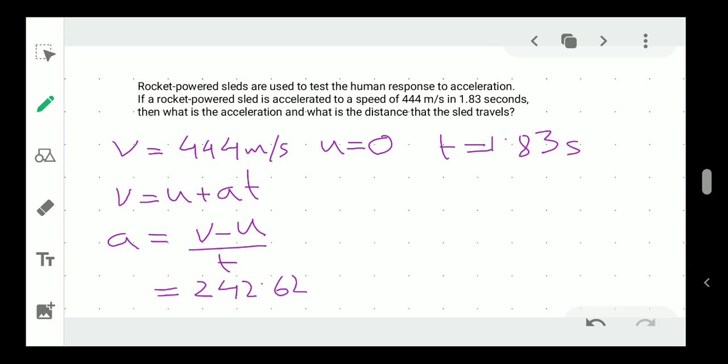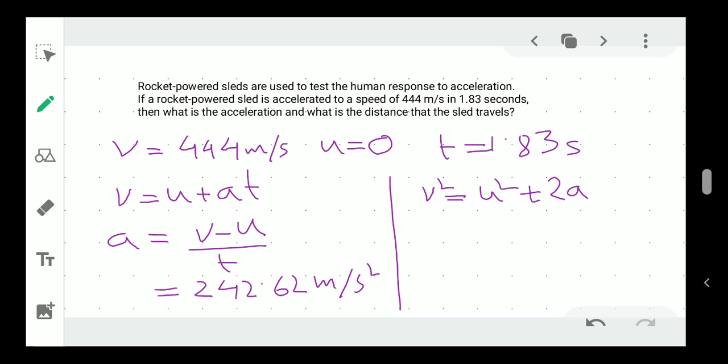So this will be 62 meters per second square.